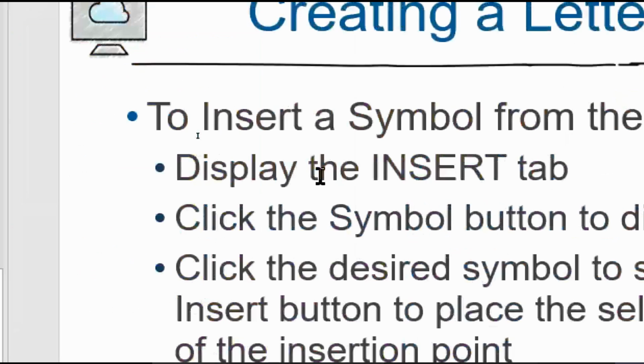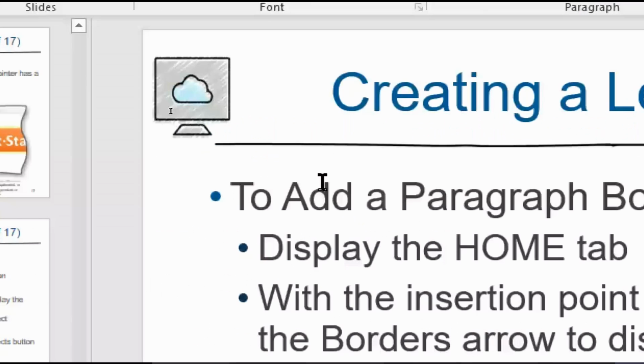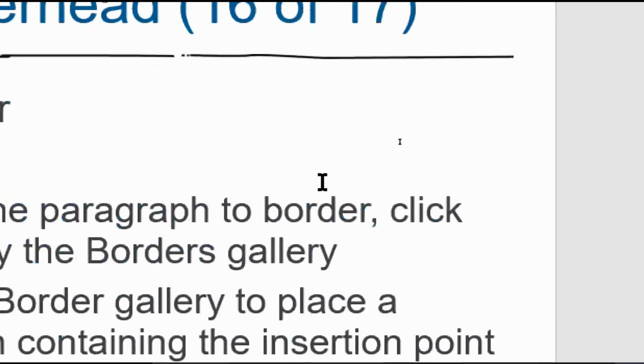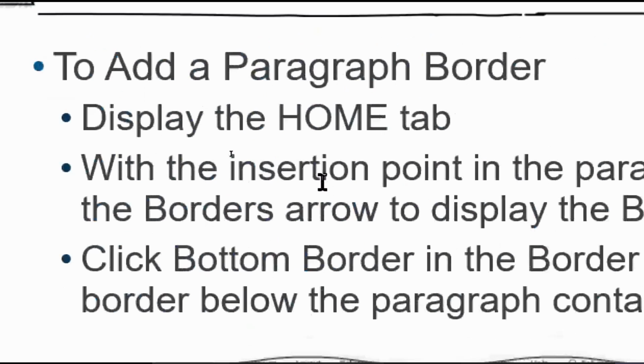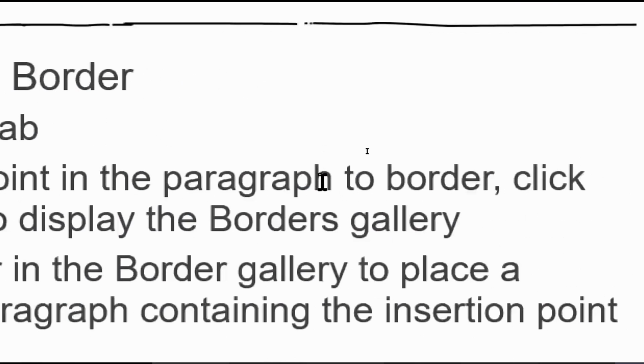To add a paragraph border, first we display the Home tab. With the insertion point in the paragraph for the border, we click the borders arrow to display the gallery. So I'm going to insert some new text. I'm just going to say CS201.